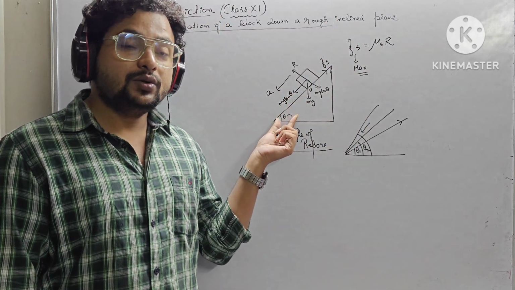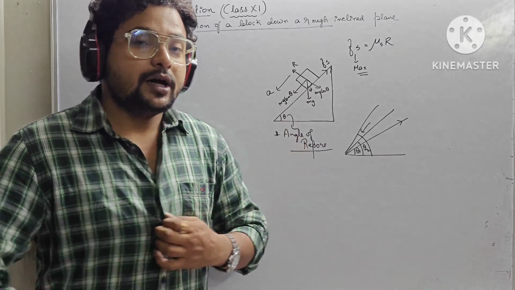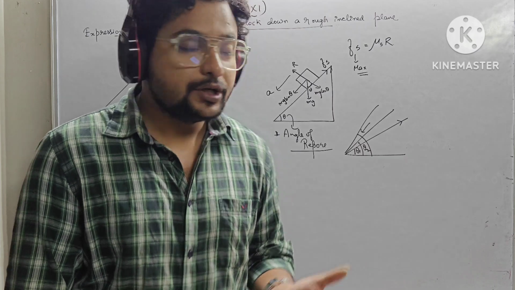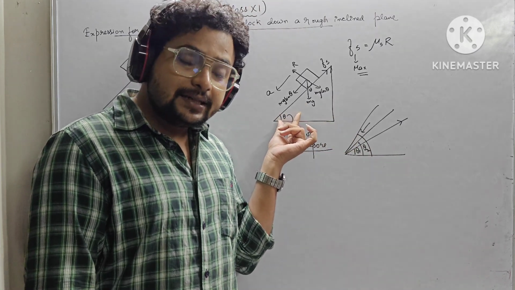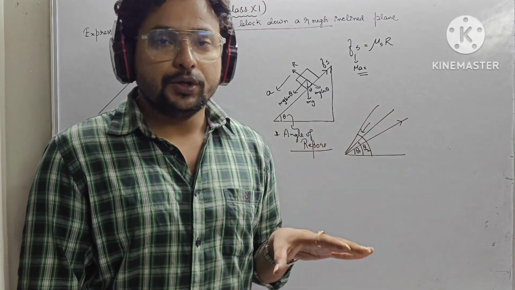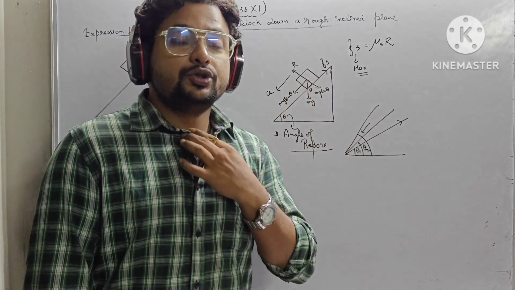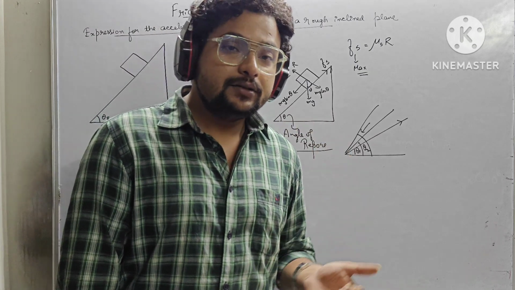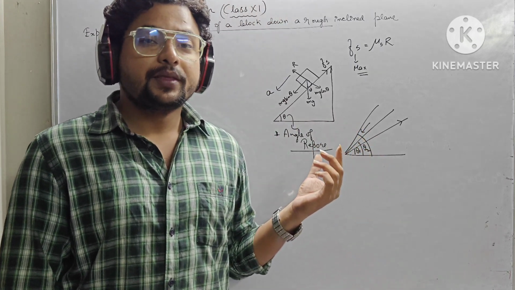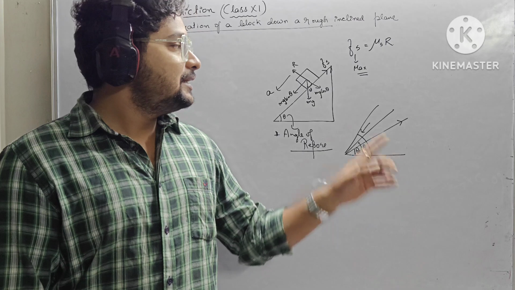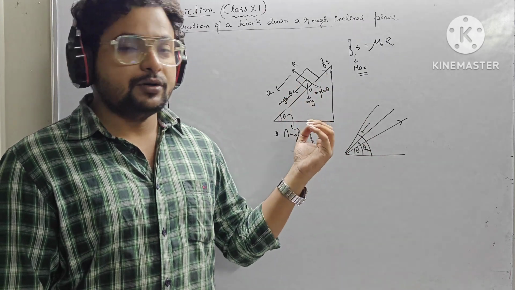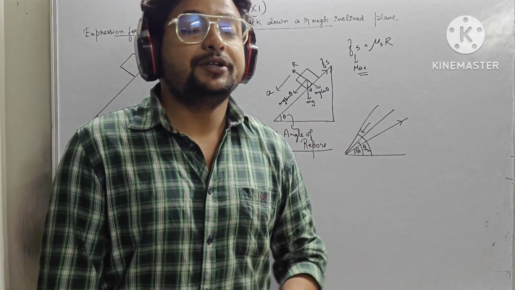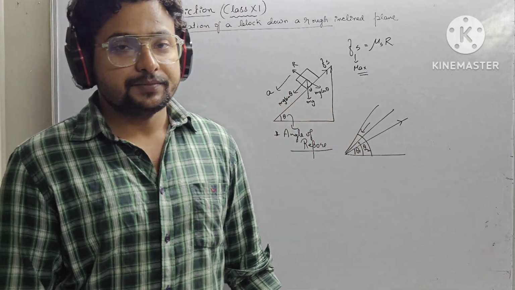Now you can understand: if the angle of inclination is less than the angle of repose, the block is not going to slide down, because friction is going to stop it. But if the angle of inclination is greater than the angle of repose, the block is going to slide down. Or we can say that at the angle of repose, the block will start to slide down with an acceleration.